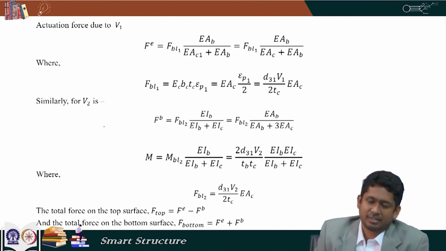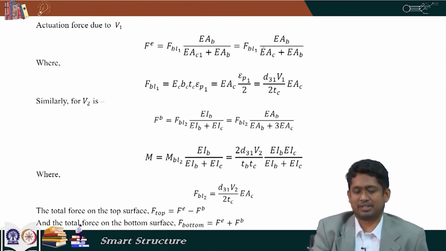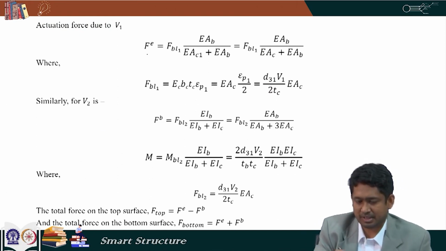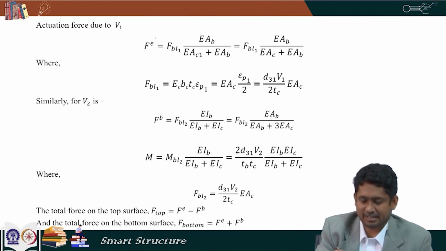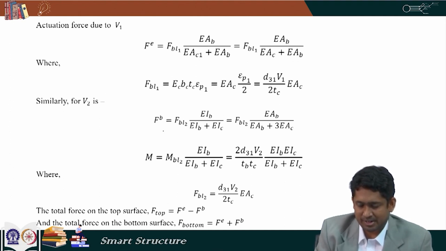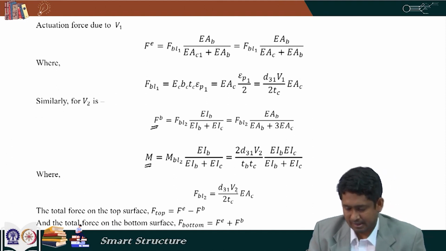And then for the V1 part, this is the actuation force Fe, here E stands for extension, it can be extension or contraction as well. And similarly the V2 part results in bending. So, the corresponding force is Fb and the corresponding moment is M. And then from here we just superimpose Fe and Fb and we find out the force at the top, F top, and the force at the bottom, F bottom.